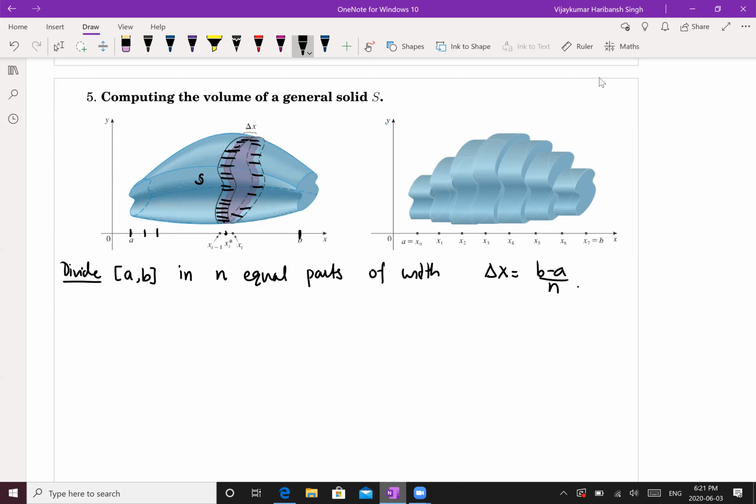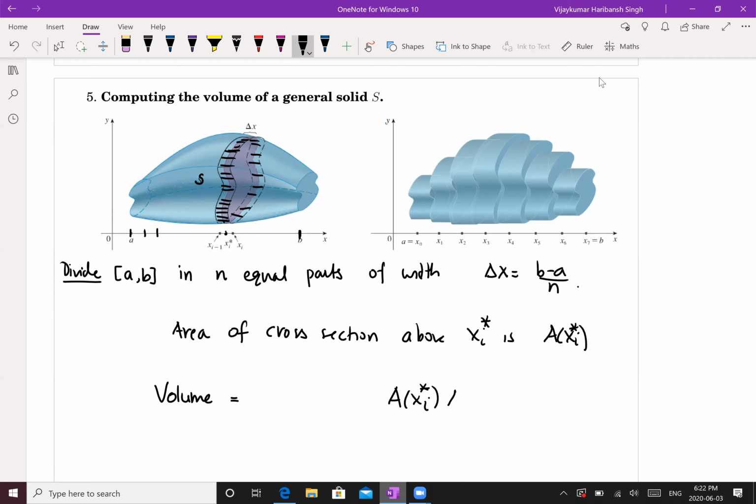So the area of the cross-section above x_i star is A(x_i star), and therefore the volume of this object above one interval is A(x_i star) times delta x.